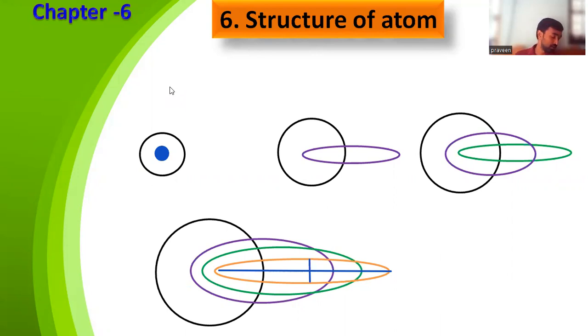By these assumptions they tried to explain the structure of the atom, but failed to explain all the factors we need to understand. Even if electrons revolve around the nucleus in a fixed path, where exactly the electron is found is not discussed by the Bohr model or the Bohr-Sommerfeld model. That's why they failed.